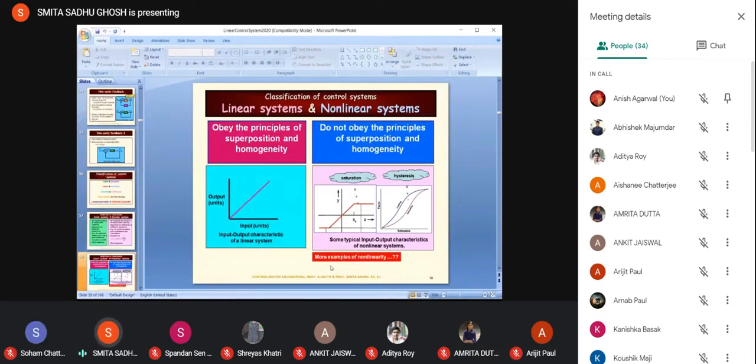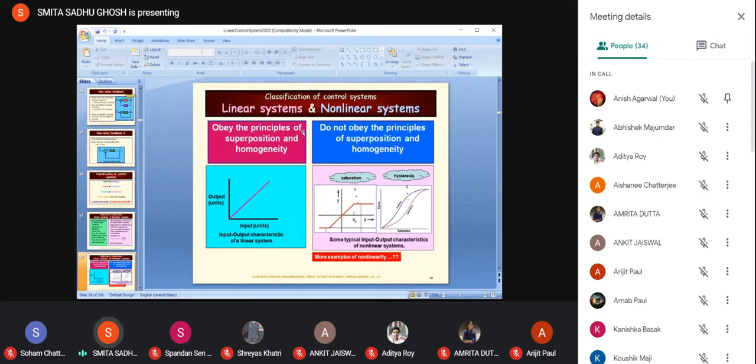A linear system is one which obeys two principles that you can see over there: the principle of superposition as well as homogeneity, right? Those have to be valid for a system to be considered as a linear system. On the other hand, any system which does not obey the principle of superposition or the principle of homogeneity, or both, would be considered as a nonlinear system.